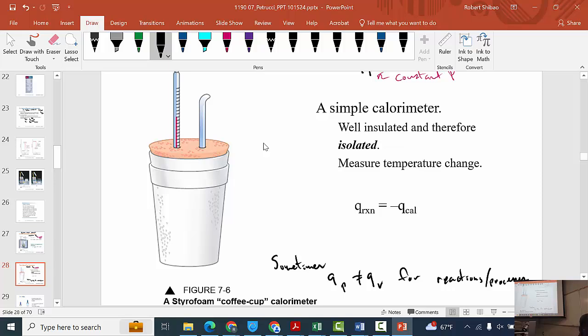Even if it's water, one mole of water is 18 grams of water. 18 grams of water occupies how much volume? It occupies 18 milliliters.